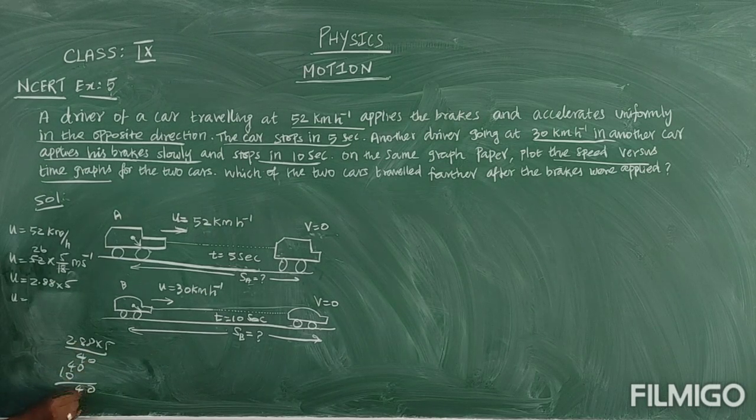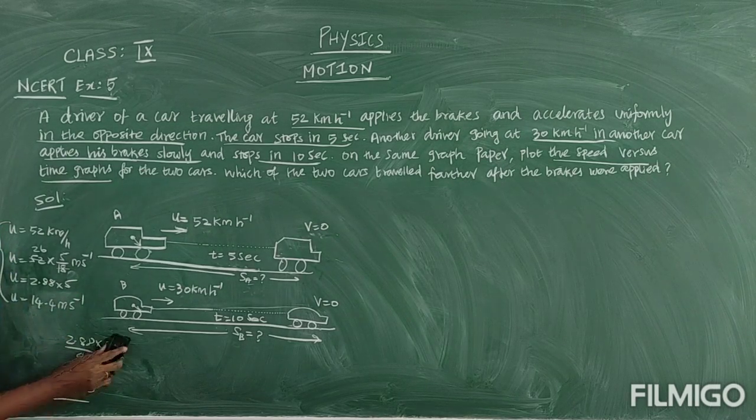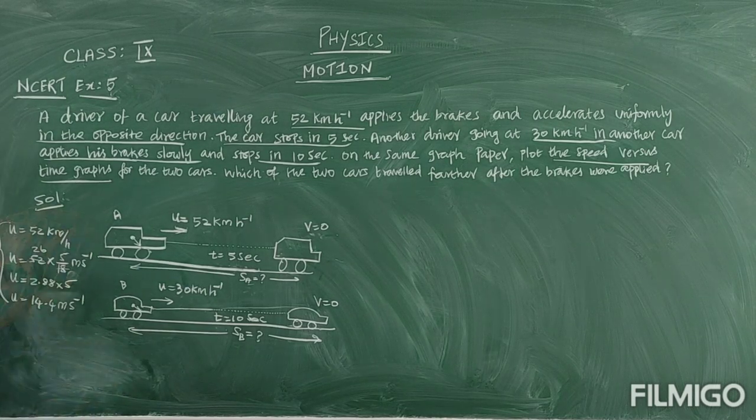So 0, 4, 4, with 2 decimals. So 14.4 meter per second. So this is for car A. Car A's speed is converted to meter per second.